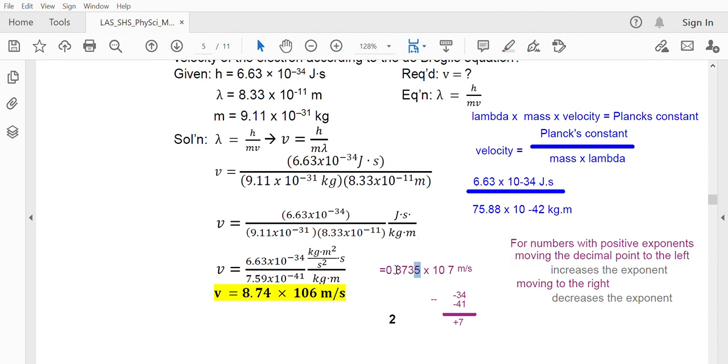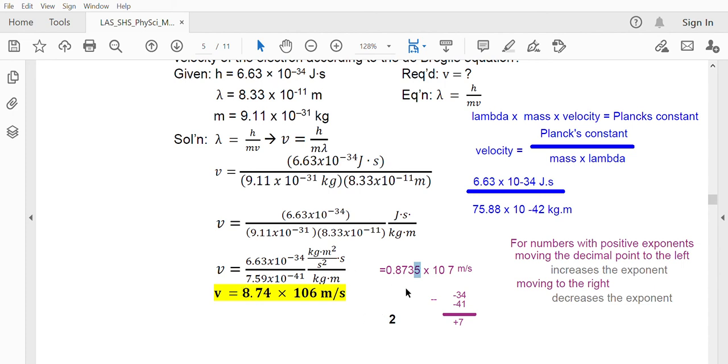So it will become 8.74 times 10 to the 6 meters per second, which is the same as the highlighted answer in your module.